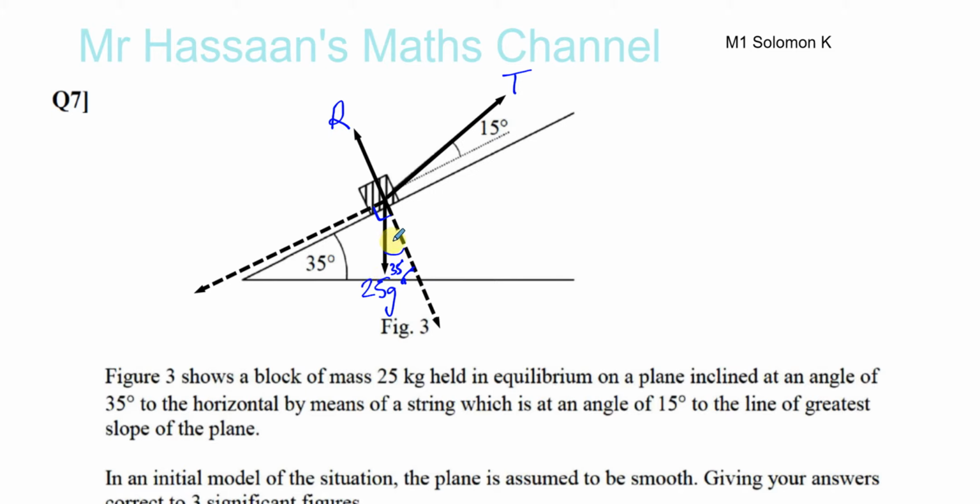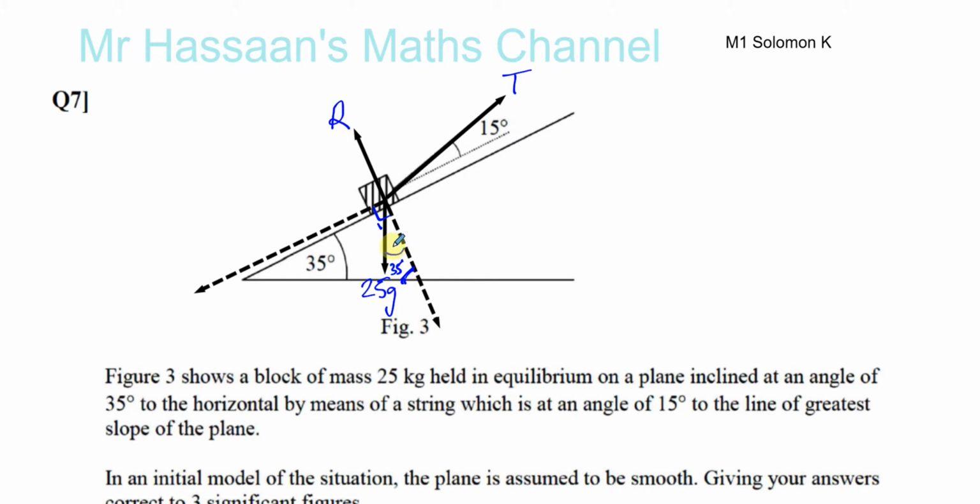So if this is 35, this is 90, and this is 35, and that's 90, then the third angle must be the same, which is 35. Anyway, I've gone through it in more detail in one of my other videos.